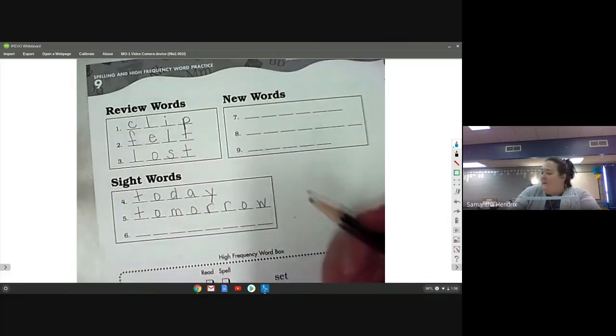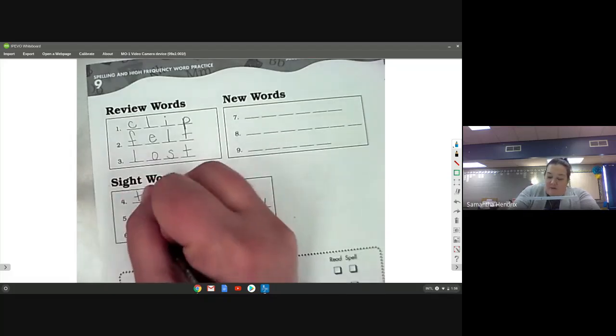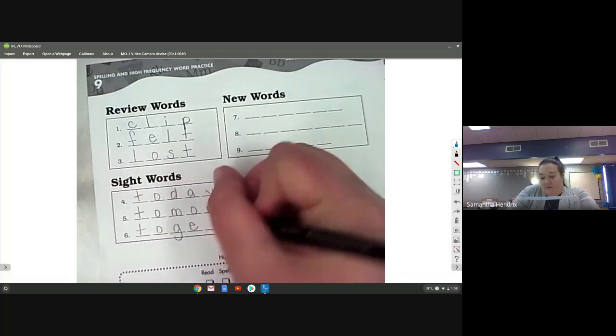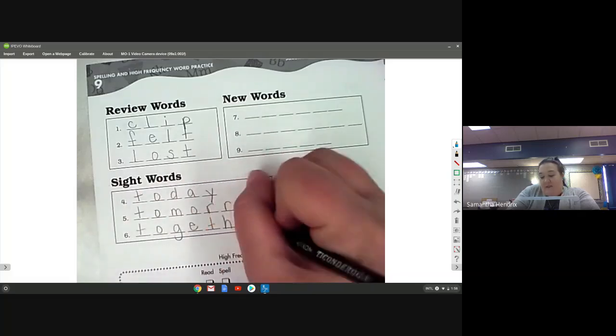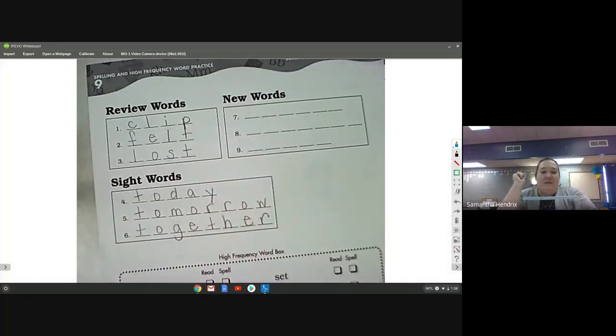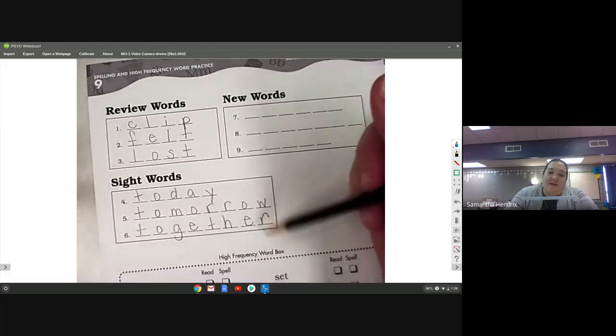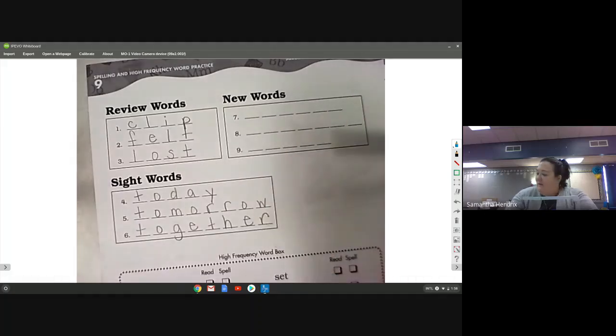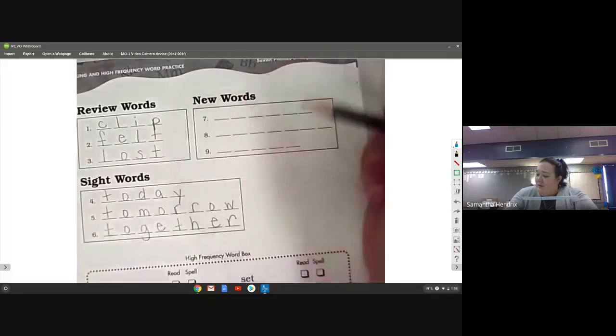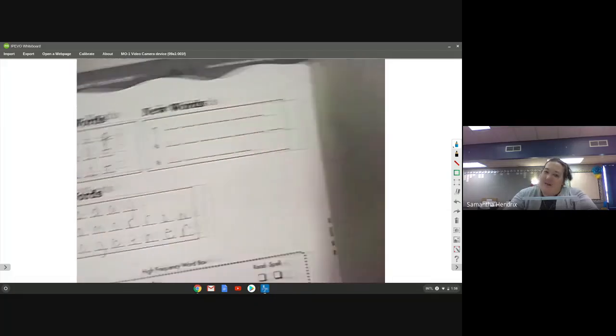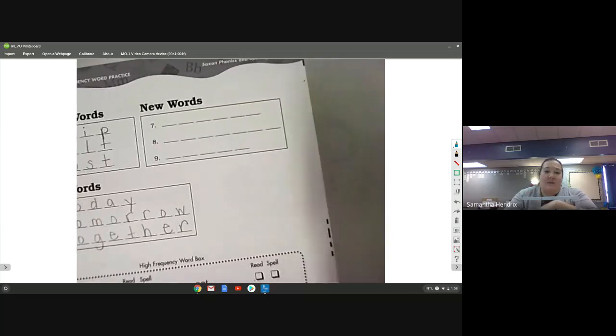Tomorrow. Number 6 is together. Oh my goodness, you got some long review words. If you need to pause to write these down, pause to write these down, okay? Let's look at our new words. Basket. 2 syllables. B-A-S.